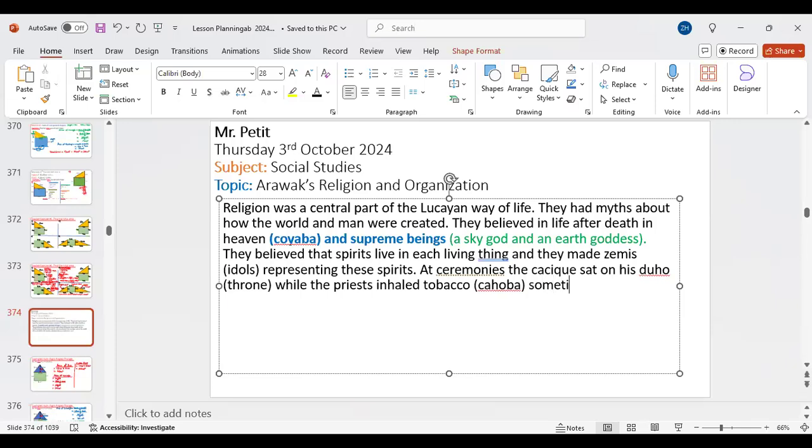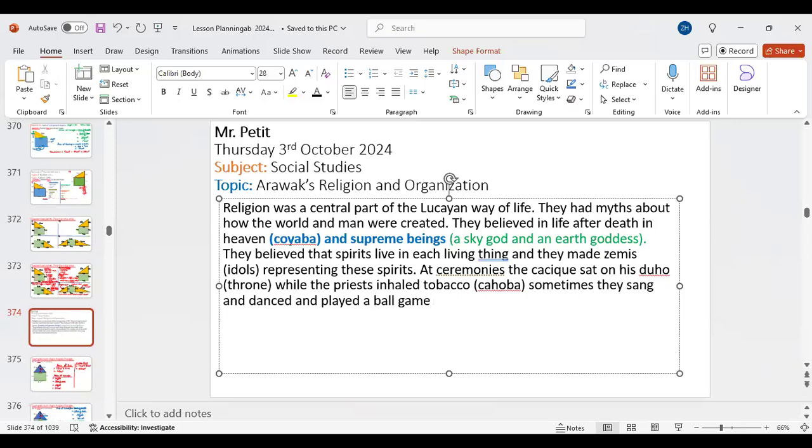Sometimes they sang and danced. I'm ready to talk about the name of their game, right? It's a mix of volleyball and football.